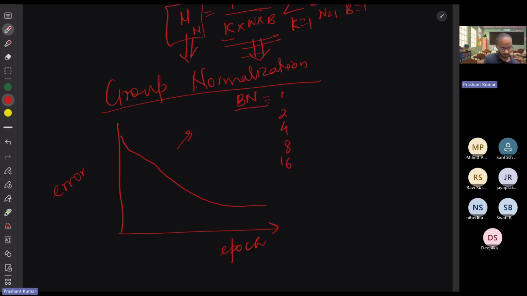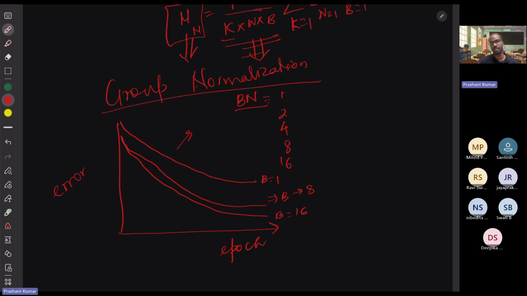In the case of batch normalization, the larger your batch is, the better the convergence you will get. If this is my convergence for a batch size of 8, then this will be my convergence for a batch size of 1, and this will be my convergence for a batch size of 16. If I am getting a better convergence, then why not input all the data?